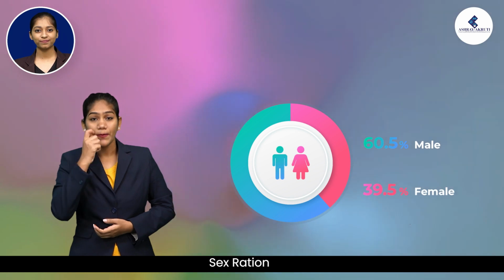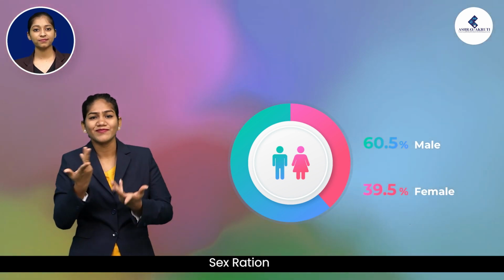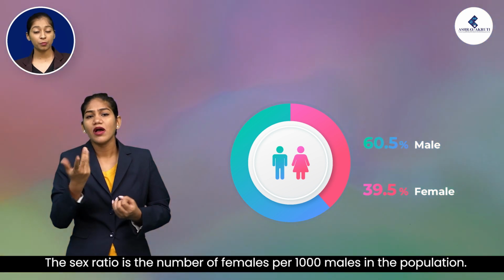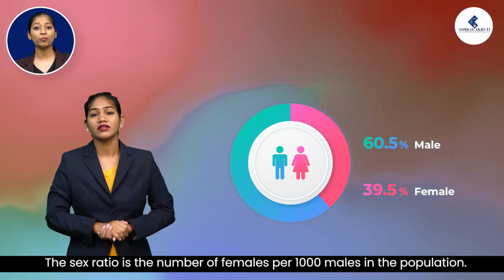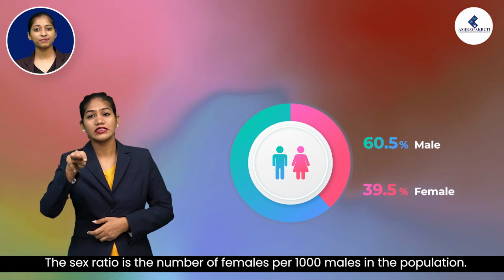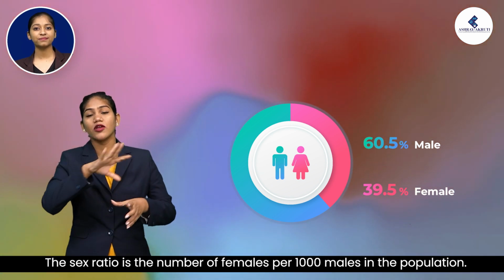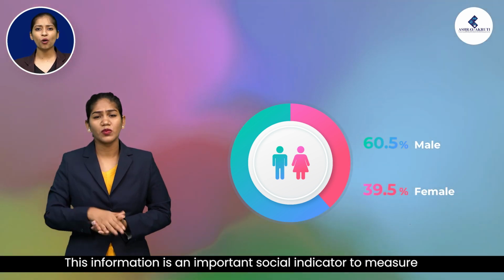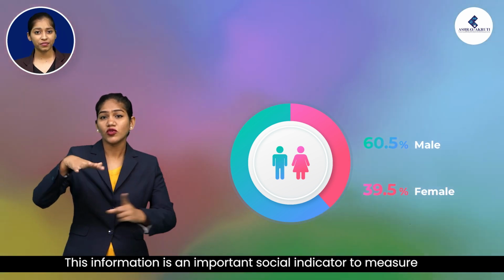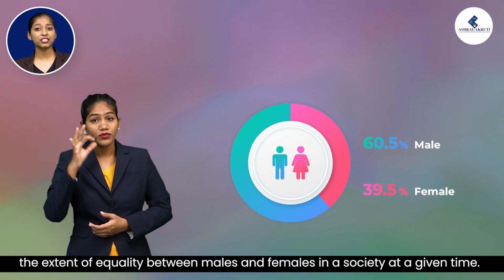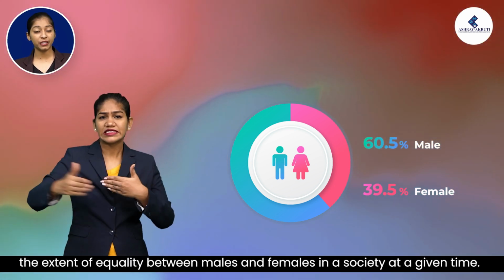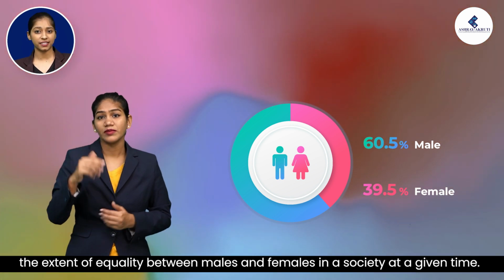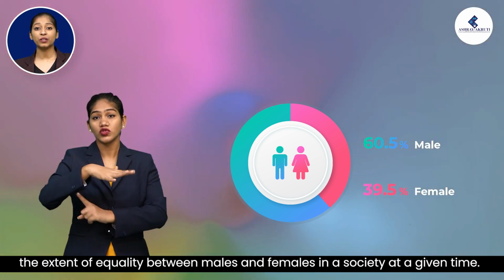Sex ratio. The sex ratio is the number of females per 1,000 males in the population. This information is an important social indicator to measure the extent of equality between males and females in a society at a given time.